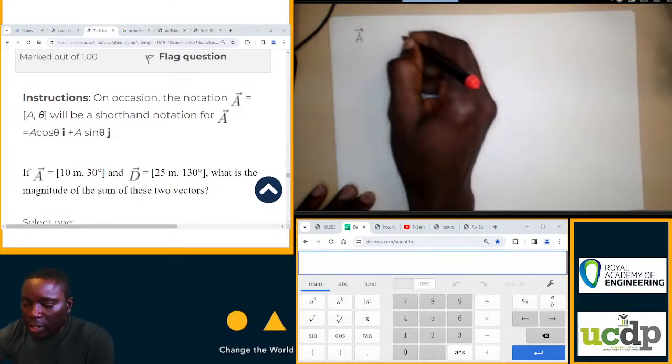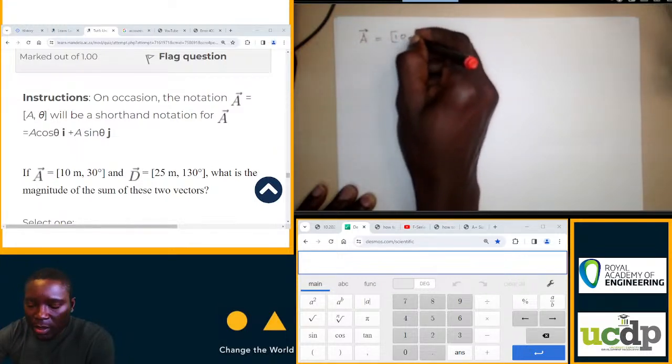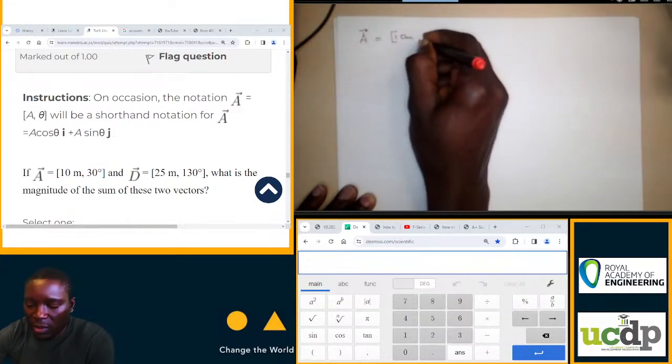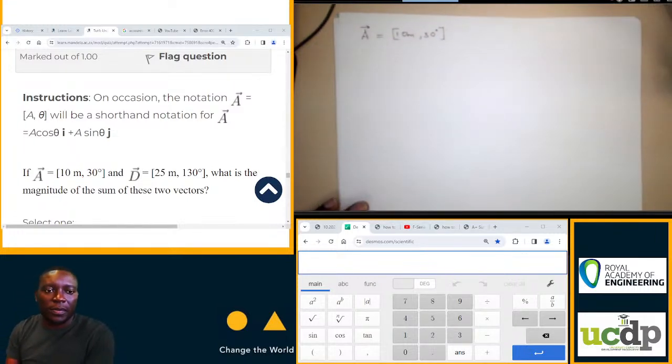So a vector A is denoted by magnitude 10 meters, and 30 degrees to the horizontal.